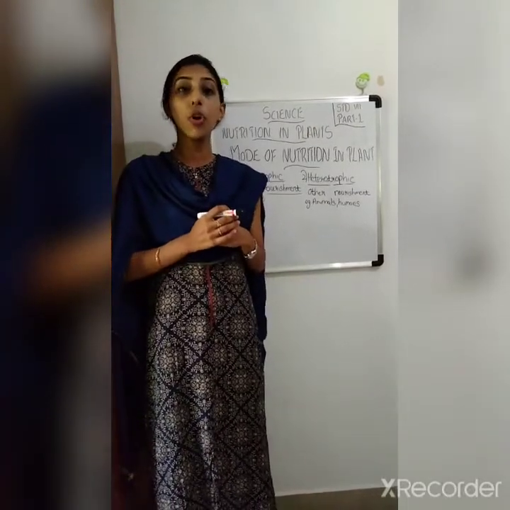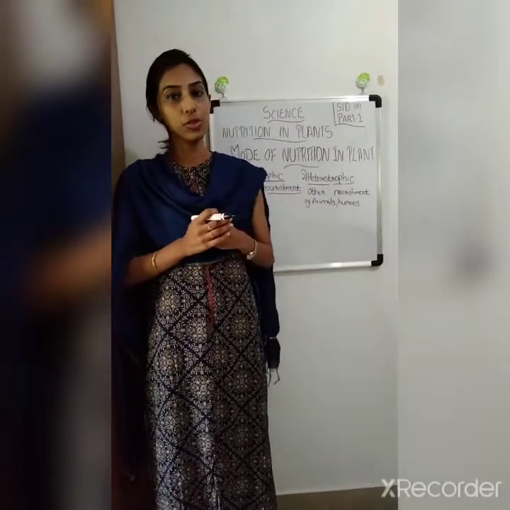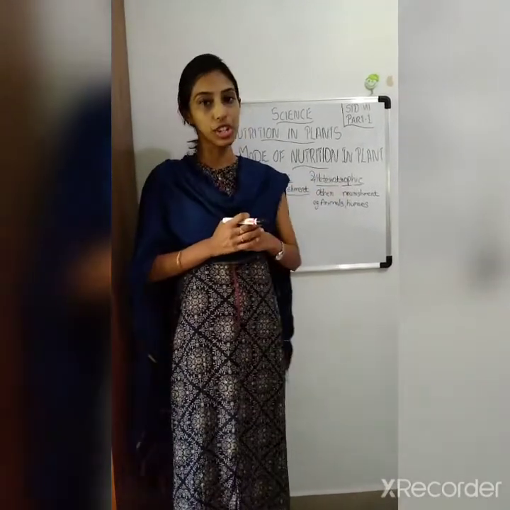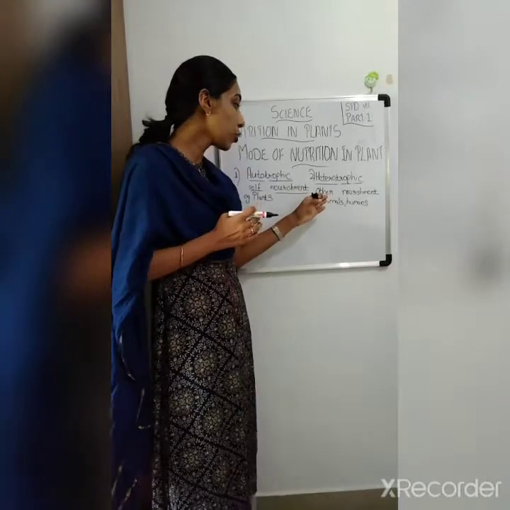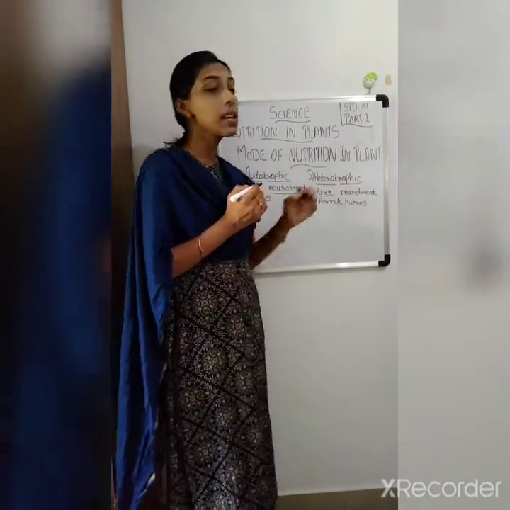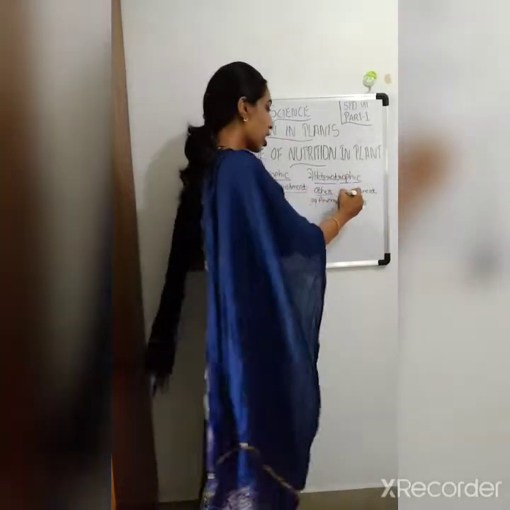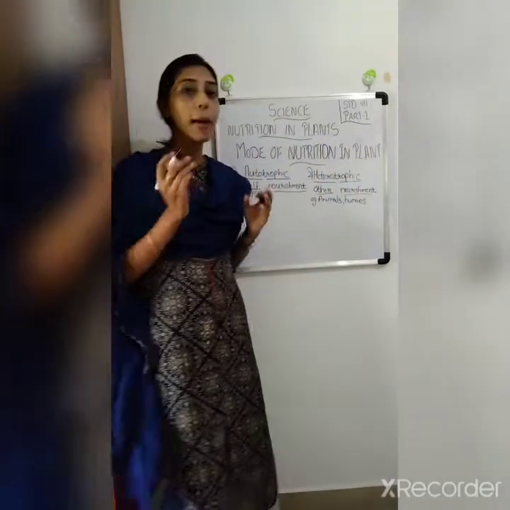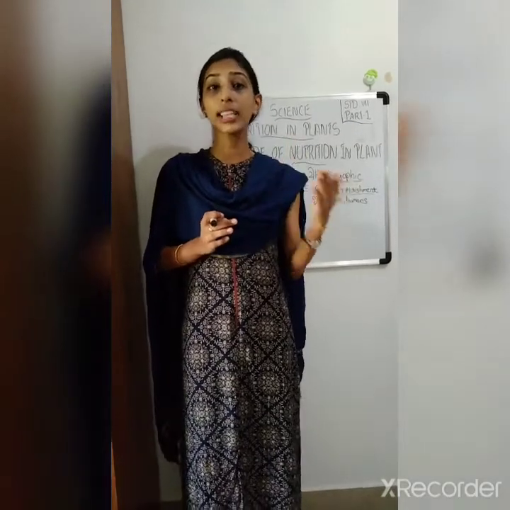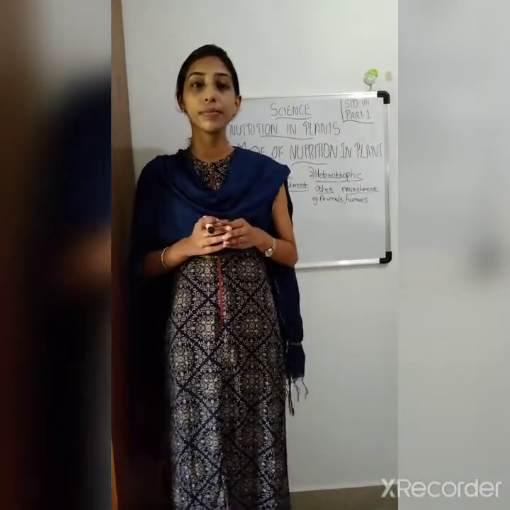Now, let's move on to the next type of nutrition, that is heterotrophic nutrition. Hetero means other and trophic again means nourishment. So, imagine the organisms which depend upon other organisms for food.